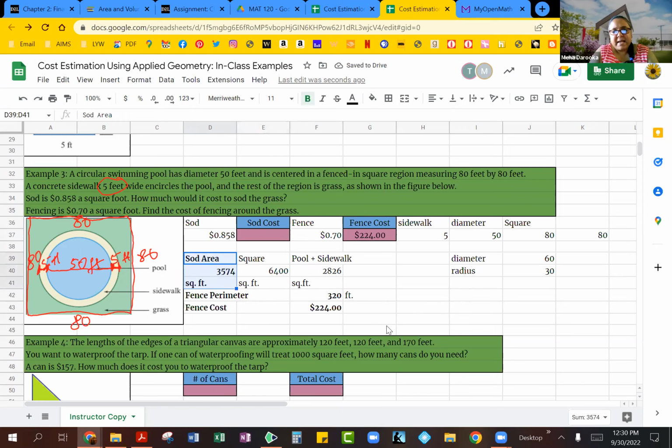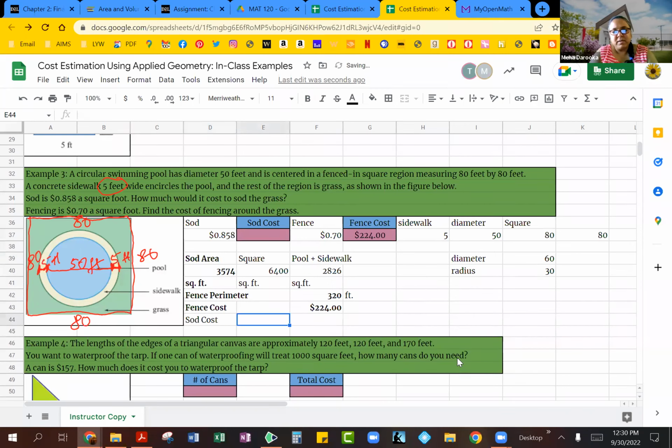Now let me ask you for the cost of the sod, what is it going to be? Terry, all right, I see your answer. Okay, so for the sod, we know they are charging us basically almost 86 cents, but like I said, we wanted to keep it at 3 decimal places.